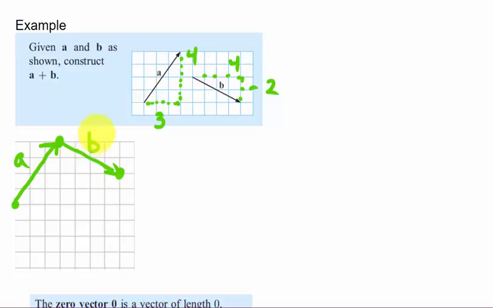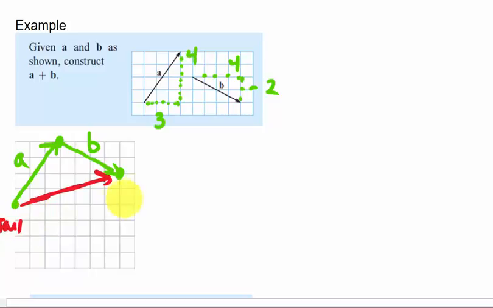And here's B. Now my resultant vector is my solution, which is A plus B. A plus B, I start at the tail of A, and I end at the tip of B. And this is A plus B. So if you notice, the horizontal component is 7.